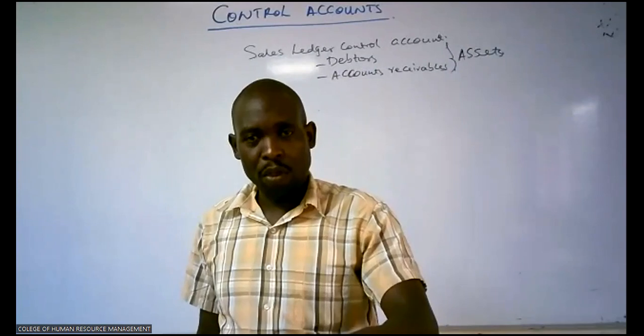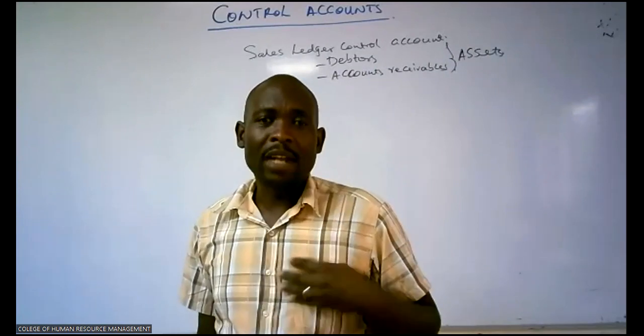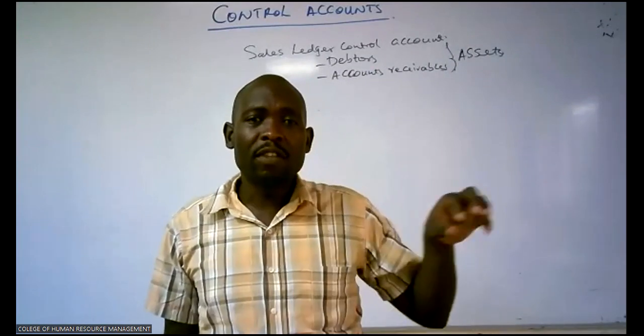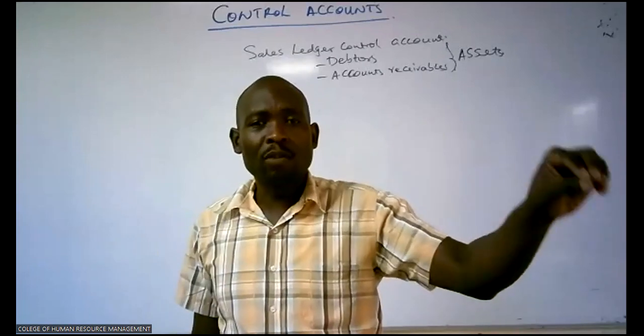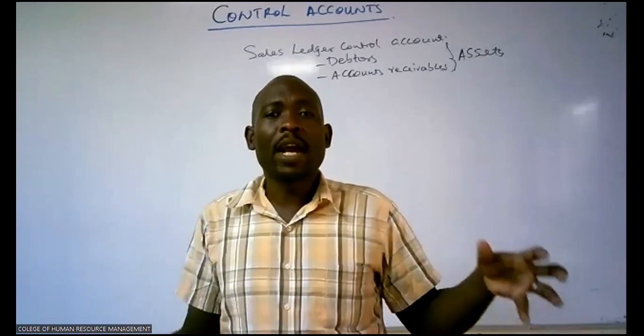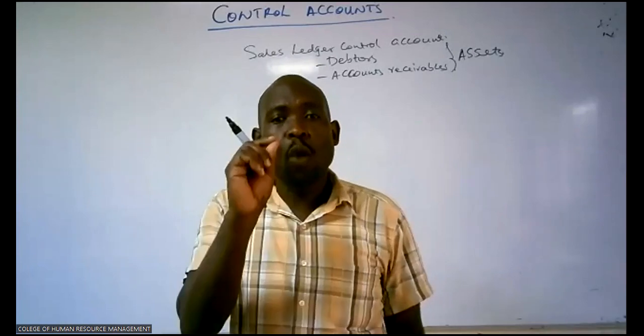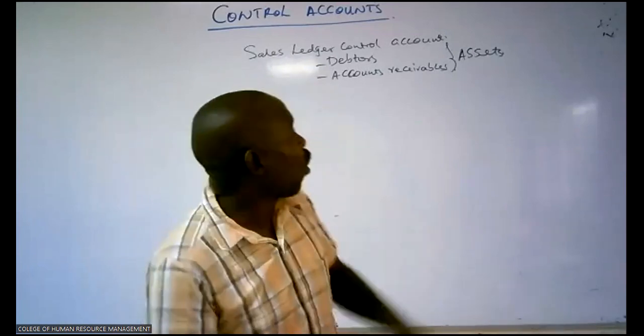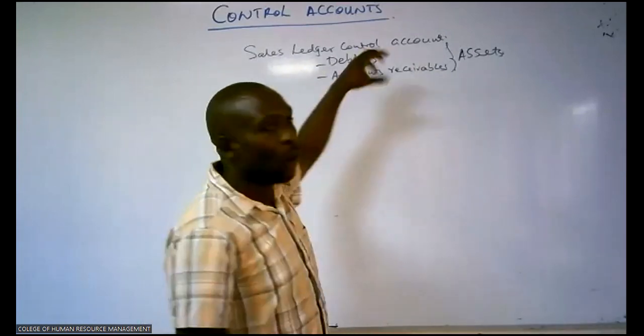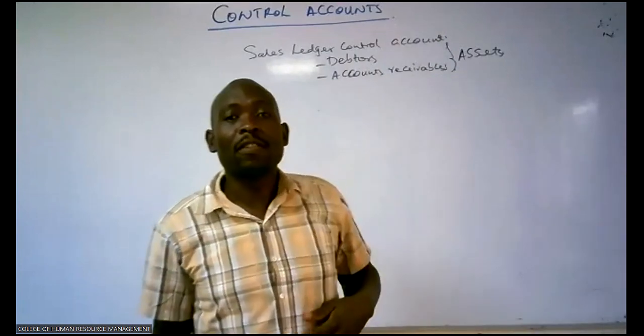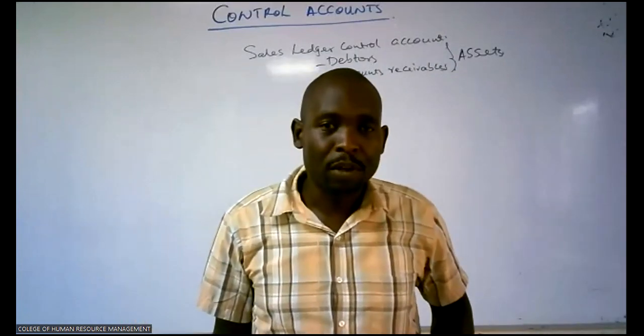So at the end of the financial year, instead of having those individual accounts separately maintained, we can condense them into one big account for all the debtors, and that one big account is what we call the sales ledger control account.